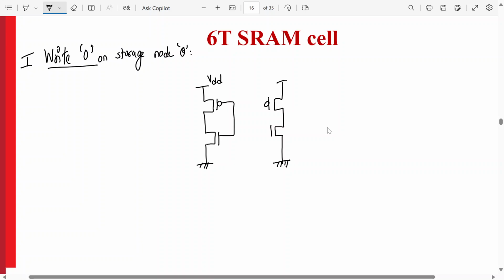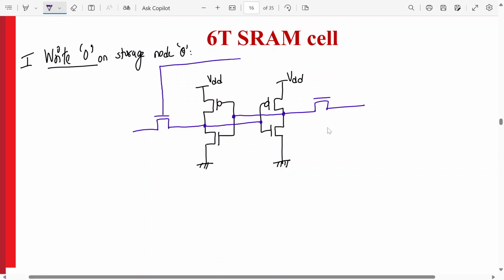This is VDD. This is VDD. Connect the output to the input over here, and connect the input to the output over here. Then we have access transistors over here and over here, and then we have the word line, which is commonly connected, and here we have bit line and BLB, bit line bar, whatever we can call it.